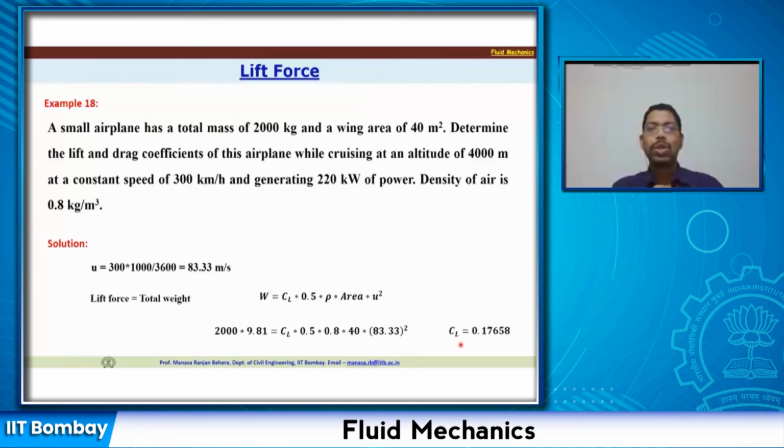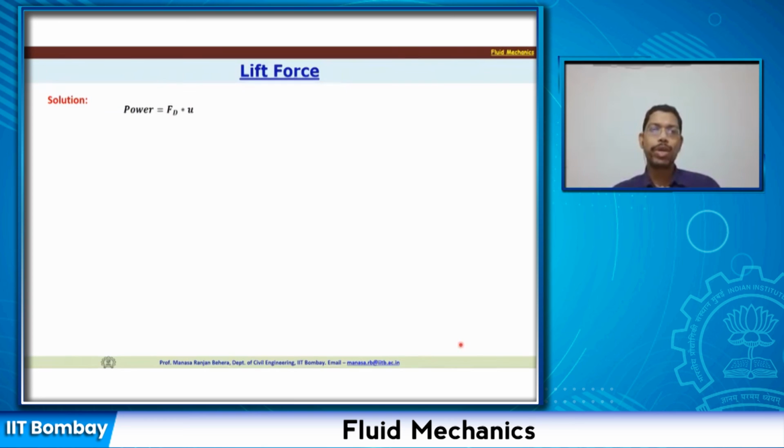The power required to propel is nothing but the power required to overcome the drag force. So if we equate power with drag force, we will be able to get it. Power is equal to force multiplied by velocity, so Fd multiplied by u is your power.